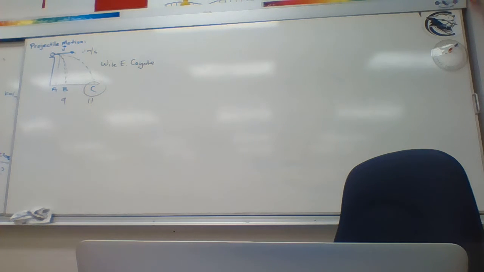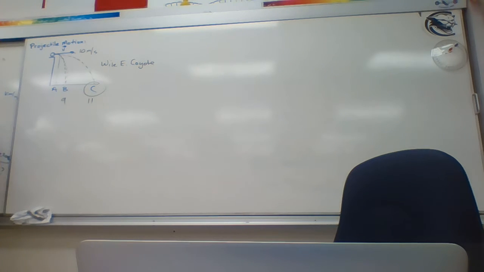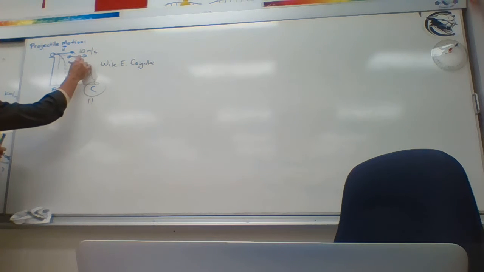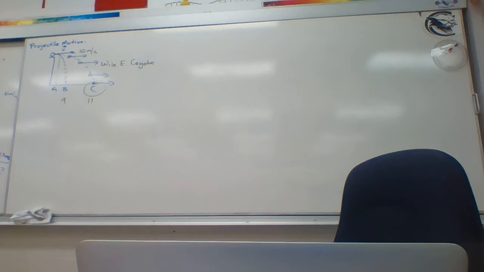So, actual projectile motion: what happens is, if there's no air resistance, the horizontal velocity stays the same all the way down. I'll show you this in the notes, so don't worry about writing this yet. And you're going to hear me say that a lot, okay?